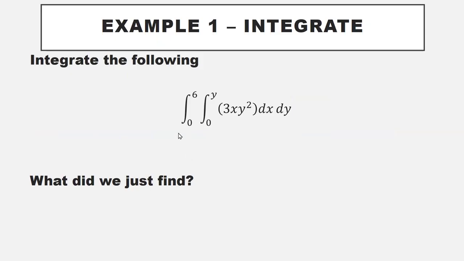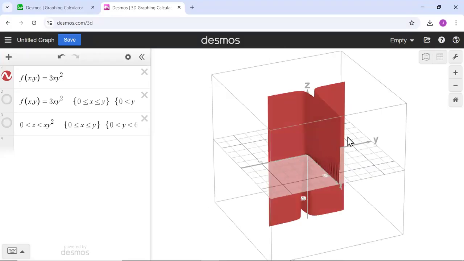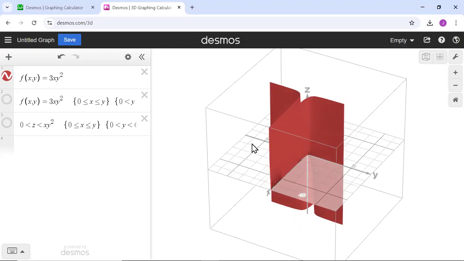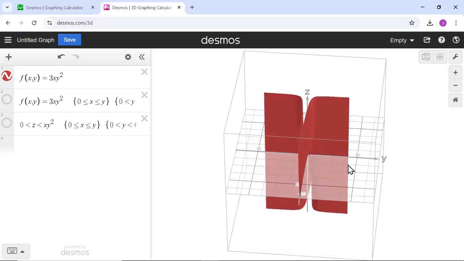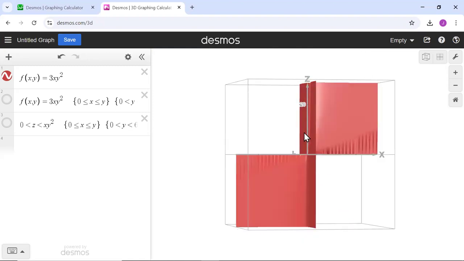Let's talk about what this specifically looks like. The graph here that I've displayed is the graph of f of x, y equals 3xy squared, which was our function. You can see that it gets pretty big pretty quickly.